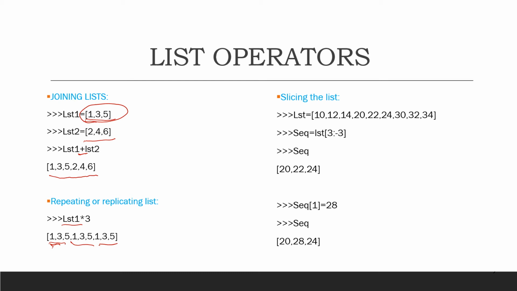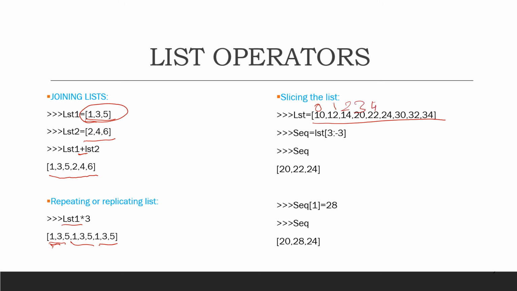Next is slicing the list. As we learned earlier, slicing means cutting the item into bits, either a single bit or a group of bits. Let's see this example. The list is given with these many items in it. SEQ is equal to LST 3 colon minus 3. Using forward indexing and backward indexing, we number it and then get the output. Forward indexing always starts from 0 and backward starts from minus 1.